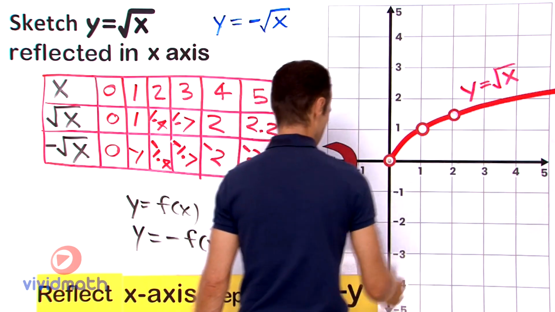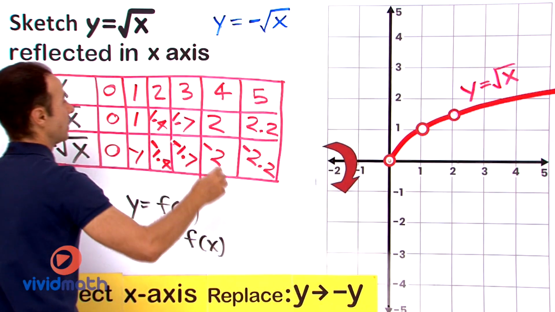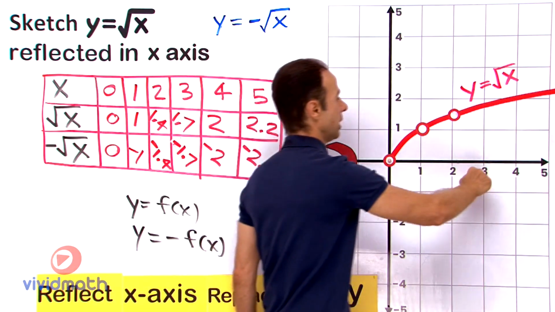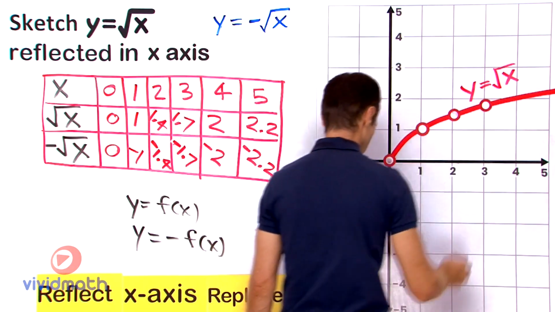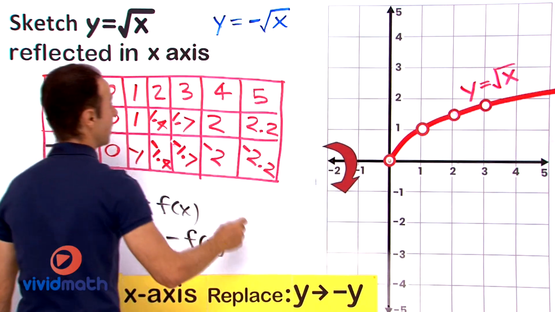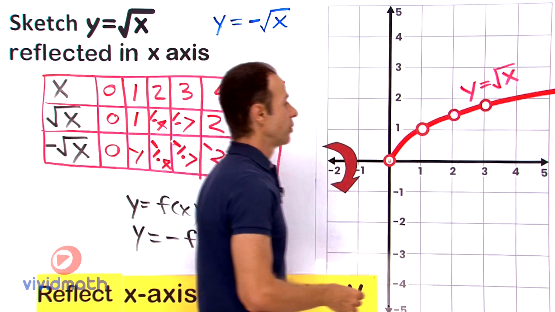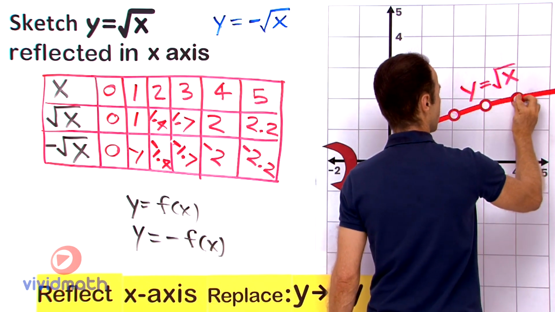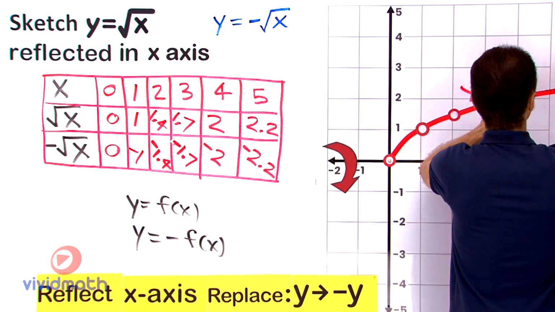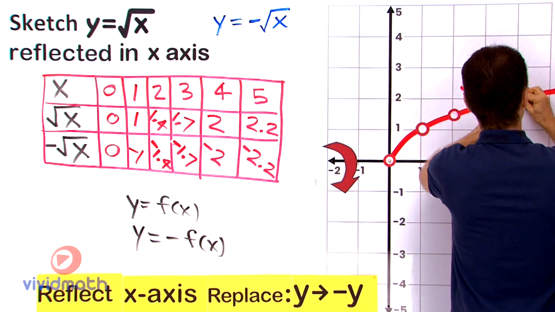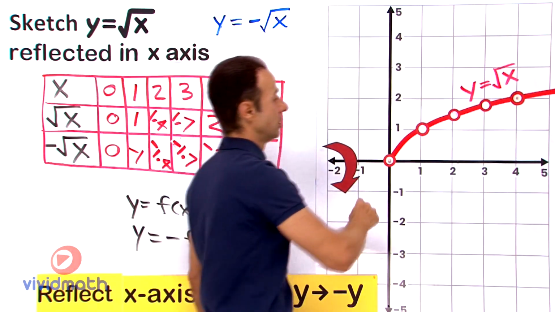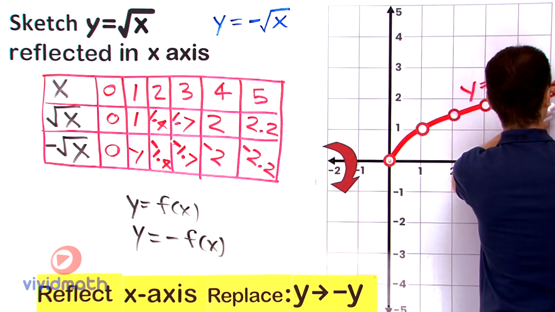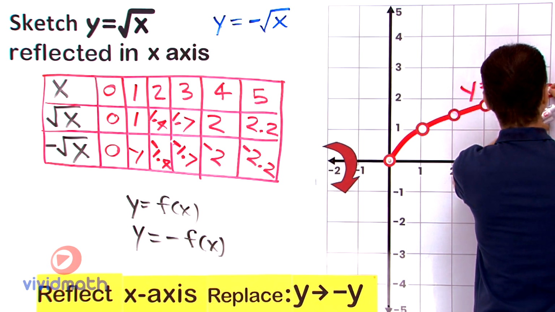Then we have another point, 3, 1.7, that's about 1.7, correct, approximately. And then we have 4, 2. Yeah, the square root of 4 is 2. There it is. And finally, we have 5, 2.2. That is about there.